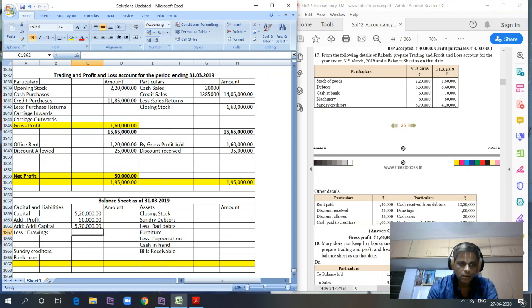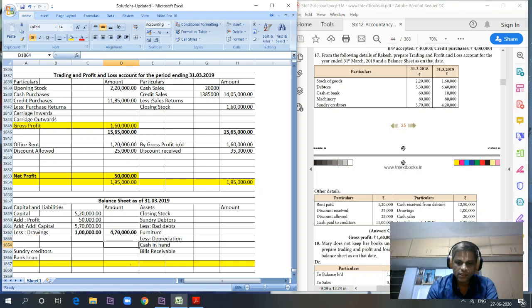Less drawings. Drawings is equal to 1 lakh. Net closing capital is equal to 4,70,000.